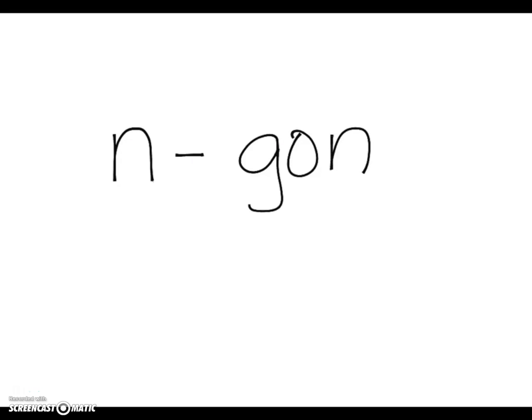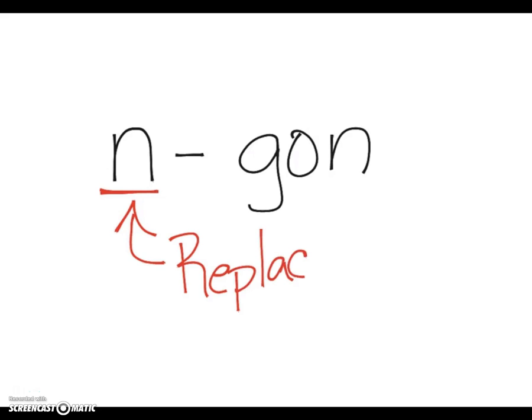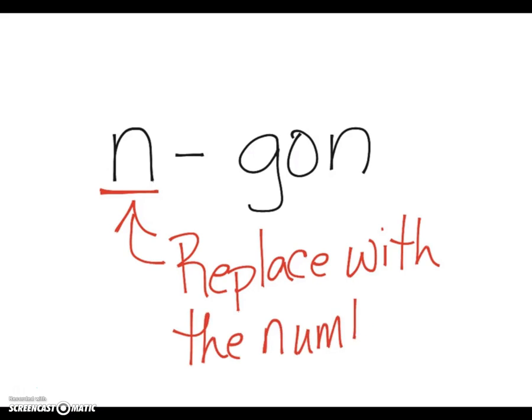Anything over 12 is going to be an n-gon, and you are going to replace this n with whatever number of sides. So I'm going to make me a note here. Replace with the number of sides. Okay.